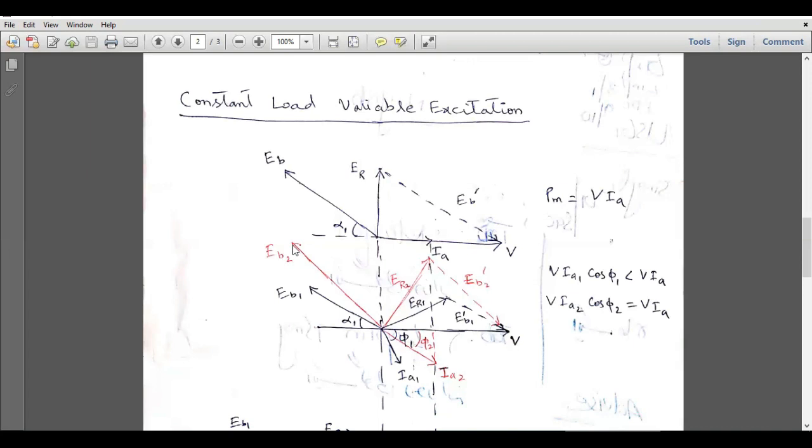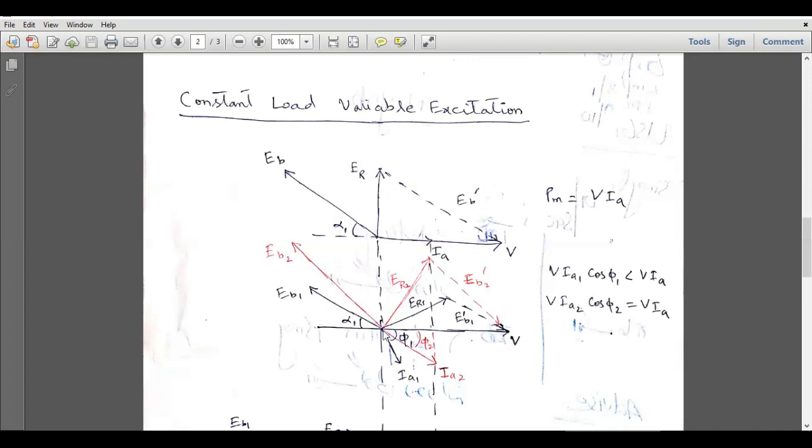As a result, this EB2 dash will be lying over here, and we will get a new ER2 vector. This was the ER1 vector, the new ER2 vector will be directed over here, and according to this ER2, we will evaluate IA2. IA2 will be lying at almost 90 degrees with ER2, and this is our IA2 vector with a new angle phi 2.